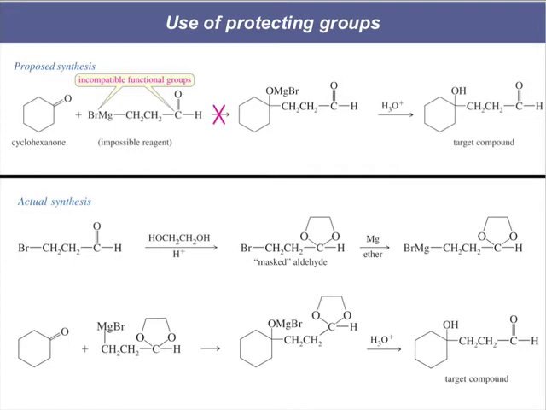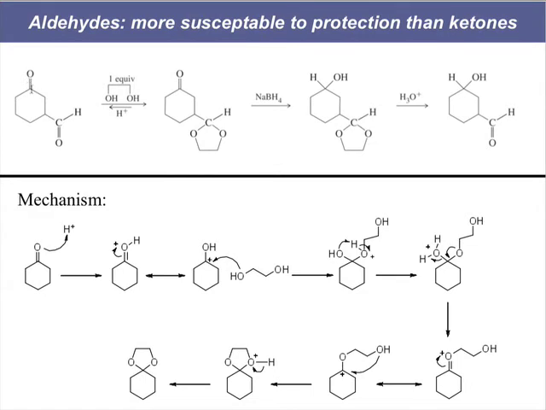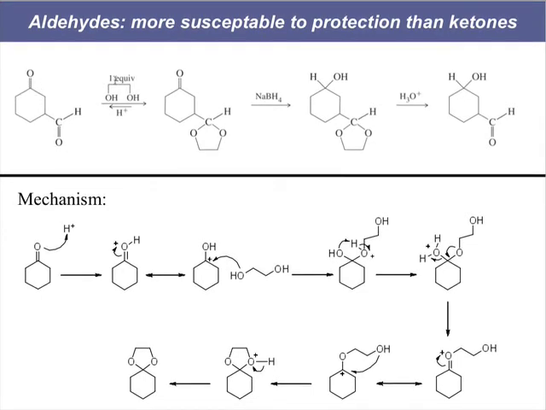Aldehydes are more susceptible to protecting than ketones are, again, because aldehydes are generally speaking more reactive. If we have a molecule with ketone and aldehyde functional groups, and we only use one equivalent of ethylene glycol, that one equivalent of ethylene glycol will protect the aldehyde and not the ketone.